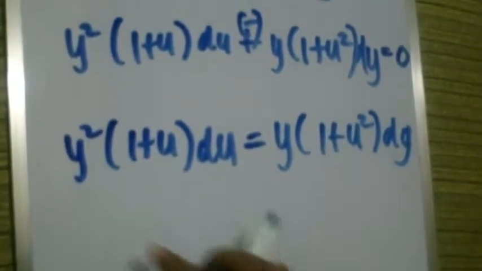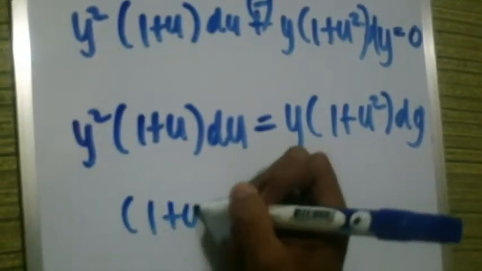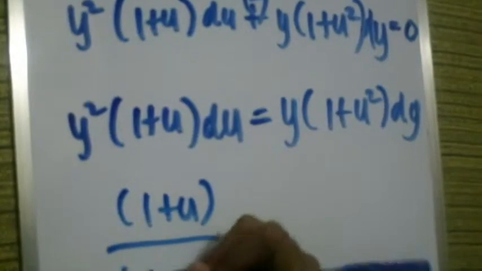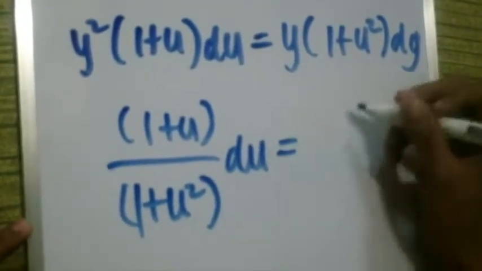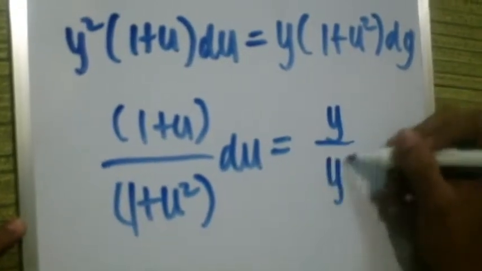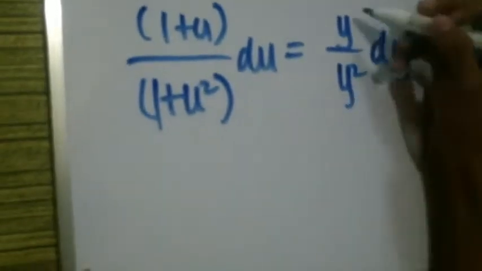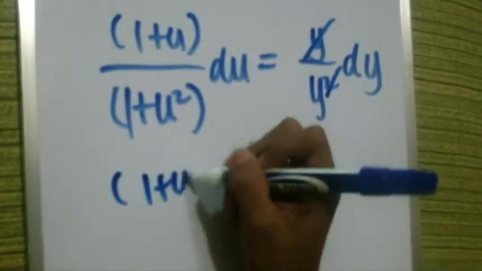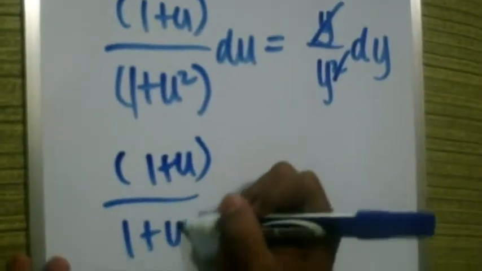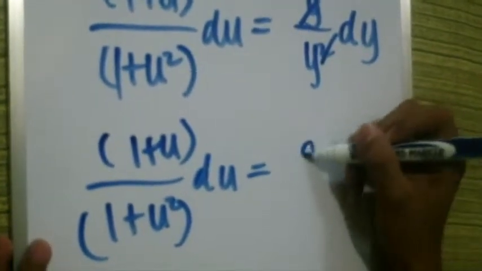Then putting the same variables onto the same side, that is 1 plus u over 1 plus u squared times du, then y over y squared dy. We then cancel this out, so 1 plus u over 1 plus u squared du is equal to dy over y.